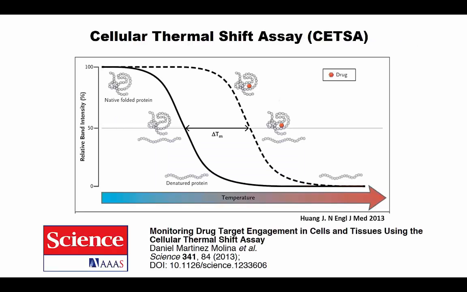A similar concept of ligand-induced stability of the protein has been applied to a more sophisticated technique, the so-called cellular thermal shift assay. The basic idea is similar. If the protein is bound tightly to the small molecule, it is more stable than the free form. Now that stability is checked by increasing temperature.